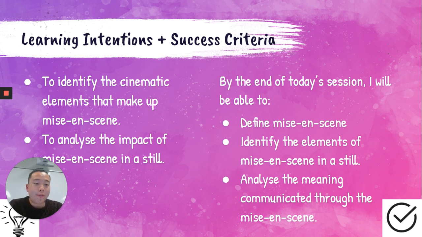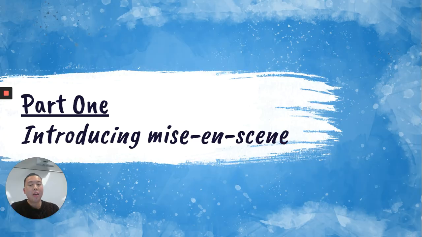Today we also defined mise-en-scene, so you guys should have taken some notes on what that is. We tried to identify elements of mise-en-scene within a couple of stills from the Truman Show, as well as from multiple other TV shows and movies. Last but not least, we talked a little bit about the meaning that's communicated through a film's mise-en-scene. Let's make a start though.